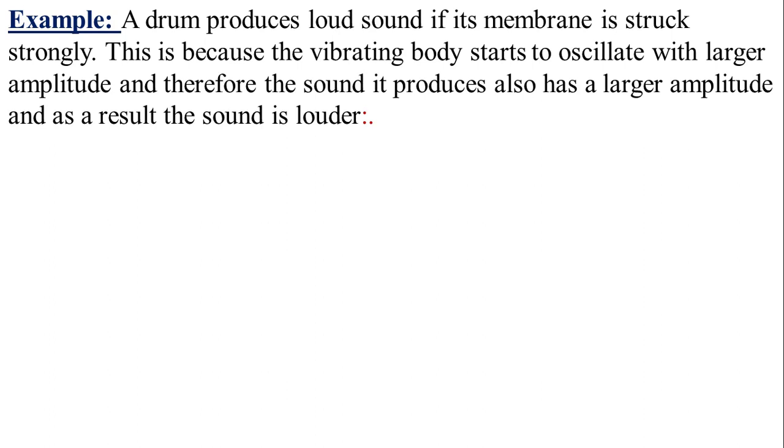Now we will discuss an example: a drum produces a loud sound if it is struck strongly, and the vibrating body starts to oscillate with a large amplitude, and therefore the sound produced also has a large amplitude, and the result is a louder sound. This is how loudness depends on these factors.